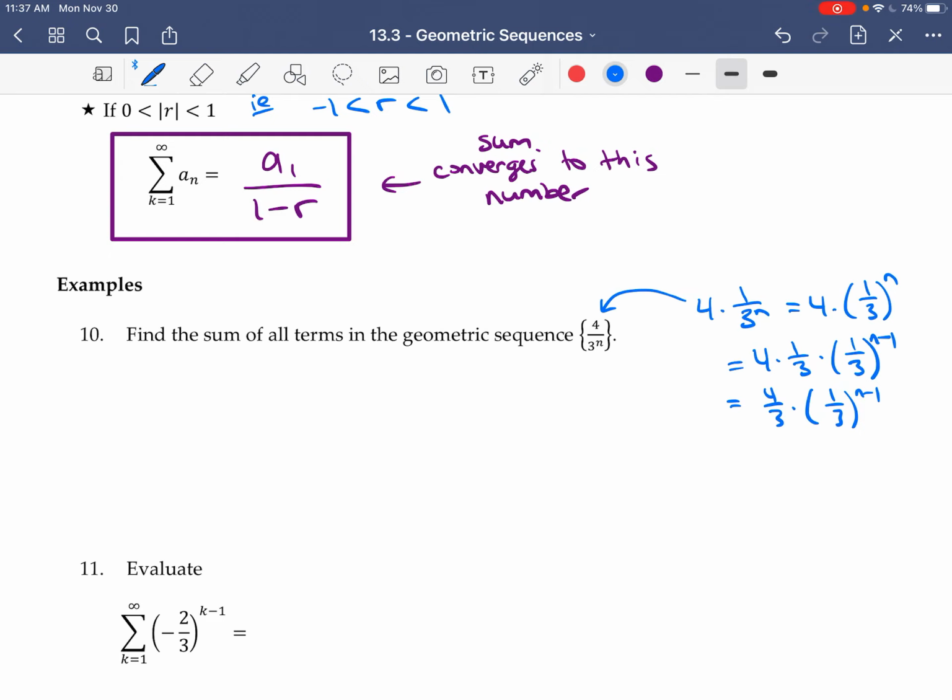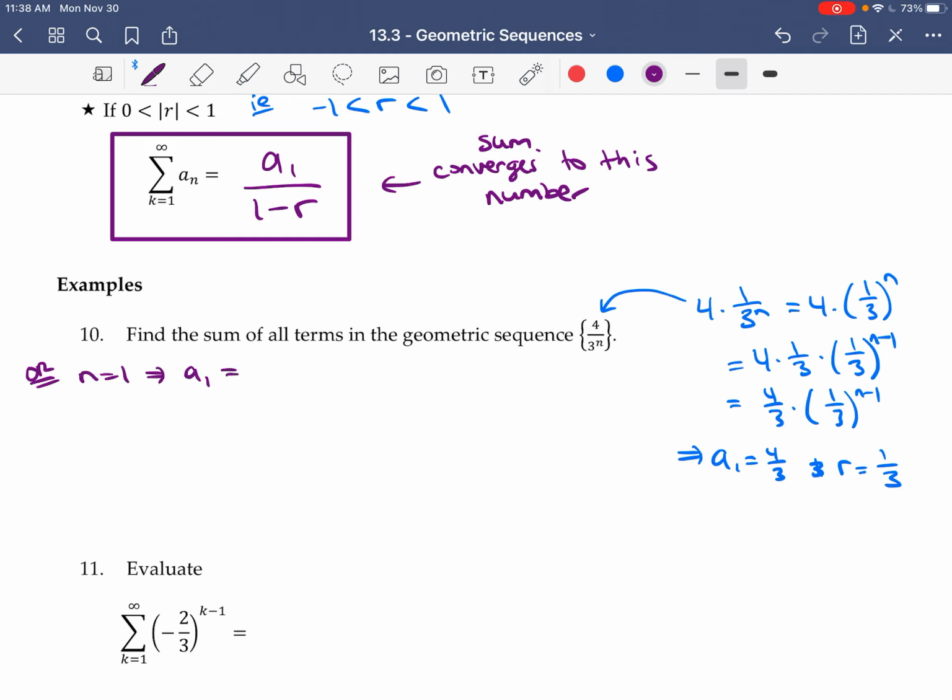You don't have to do this, but this is a way to show that a1 is 4/3 and r is 1/3. Or you can just plug in n equals 1.